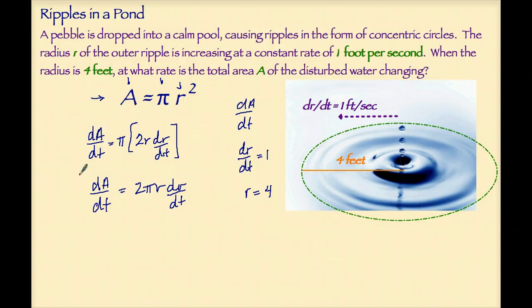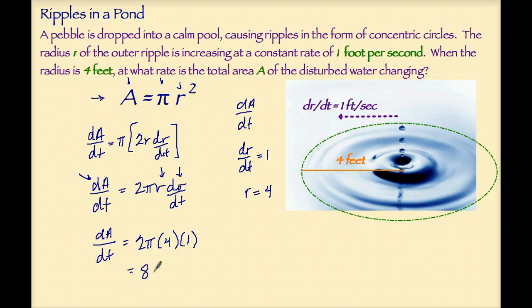Of course, I'm being asked to find this one, the rate at which the area is changing with respect to time, and so I will need a radius and a rate at which the radius is changing. Fortunately, that's exactly the information I was given. So let's plug in these values and solve for the rate that we're looking for. dA/dt then will be 2 pi times 4, the radius at this moment in time, times 1, the rate at which the radius is changing.